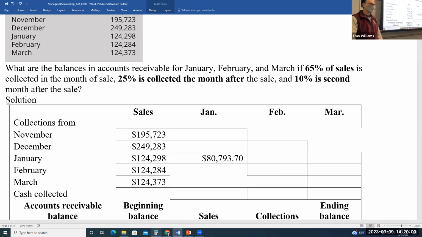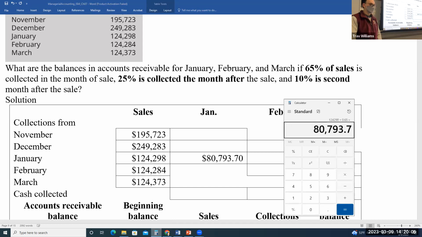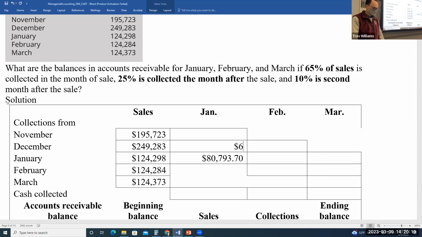In January, how much of December will we collect? January, we will collect 25% of December, right? And then in January, how much of November are we going to collect? 10%. That's right.